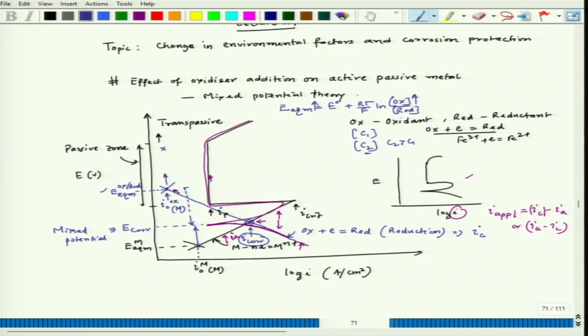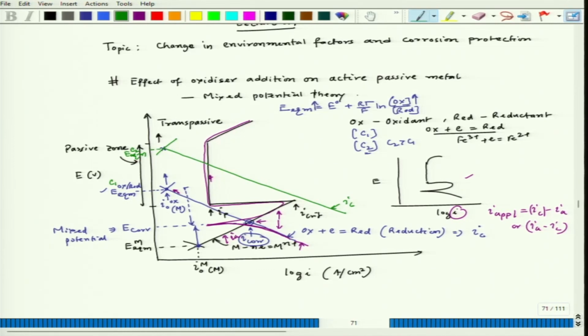So, if we reach that level, if we follow the same polarization for the cathodic process, it will follow like this. So, this is my new equilibrium potential with reference to C2, and this is with reference to C1, and this is my IC now.